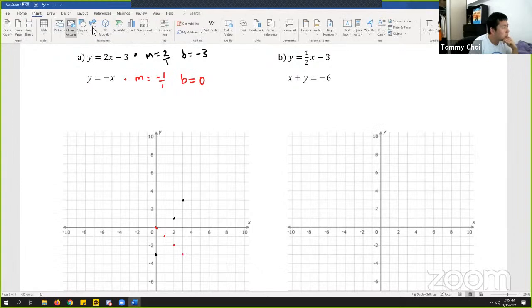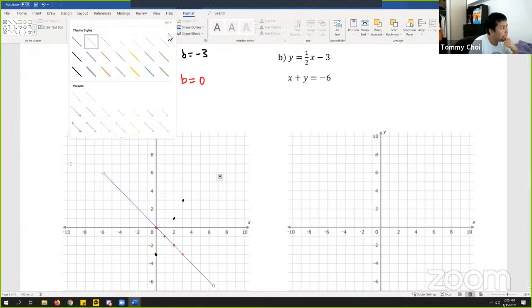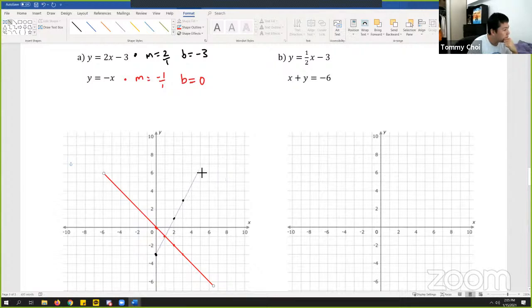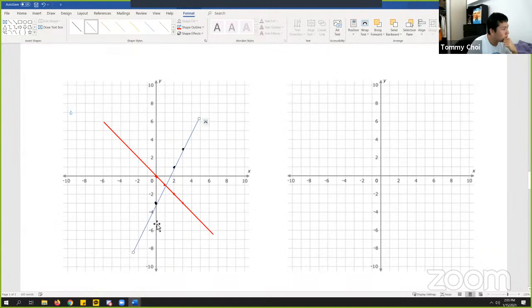If we wanted to draw the lines accordingly, we can draw our line like that and color that in red. We can draw another line for the second one, just like that, and color that in black.